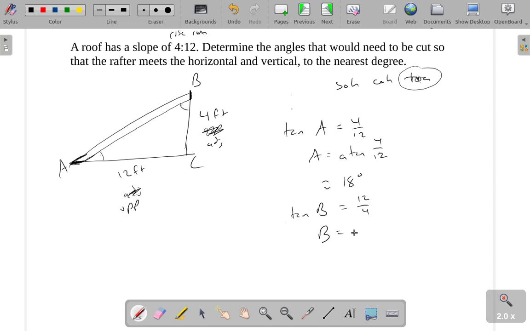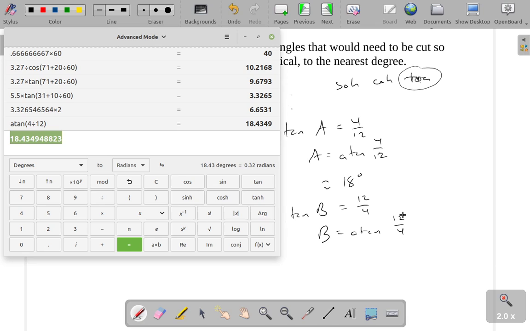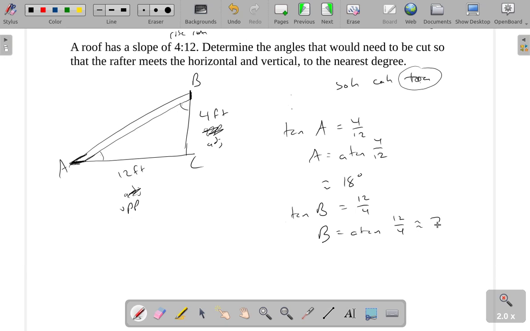So B must be the inverse tangent of 12 over 4. 12 over 4 is just 3. So I'm going to say the inverse tangent of 3 to get 72 degrees. So that means this right here is an 18-degree angle. This one right here is a 72-degree angle.